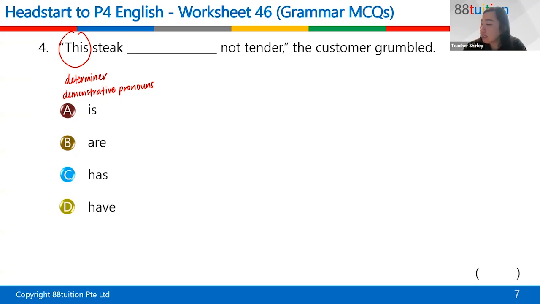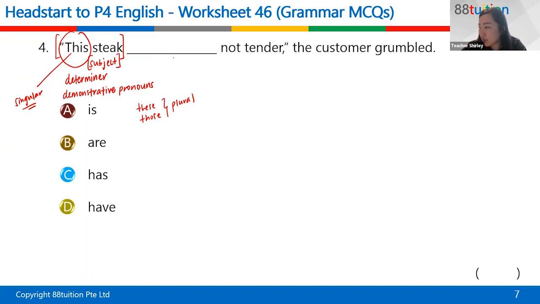So in this case, this stick already tells you that it must be singular, right? Because if it is these or those, then they are plural, right? But if it is this and that, it actually tells you that they are singular. So since it's singular, the verb, okay, this one is the subject of the sentence, right?